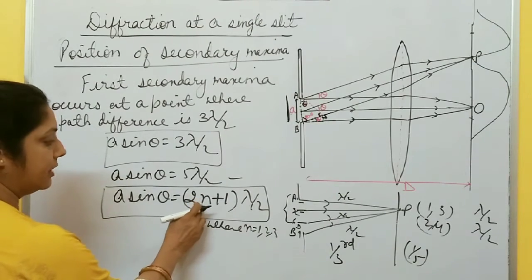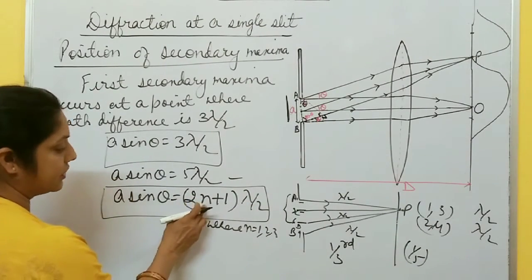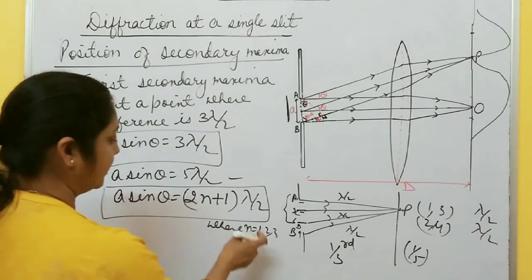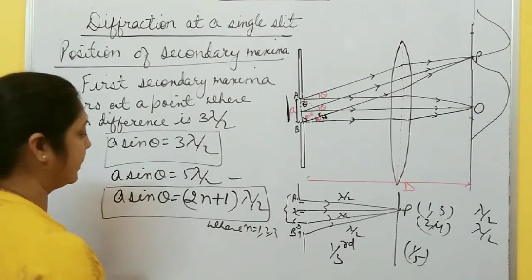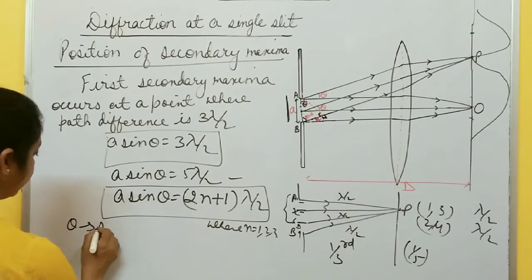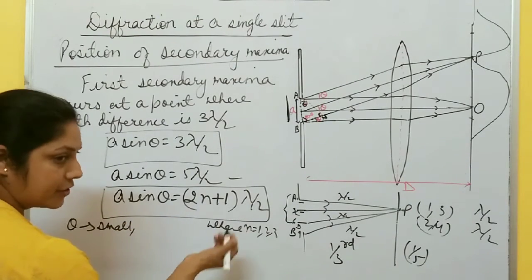When n is 1, then a sin theta is 3 lambda by 2. When n is 2, then a sin theta is 5 lambda by 2. So first secondary maxima, second secondary maxima are formed. And when theta is very, very small, then sin theta tends to theta.